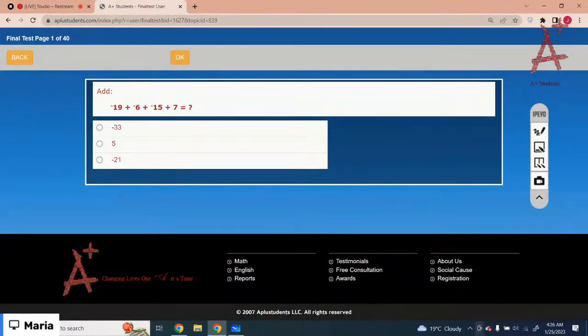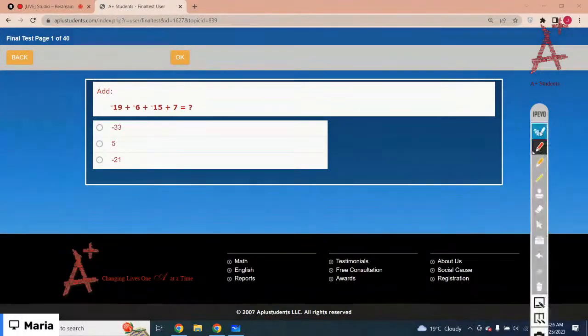Add negative 19 plus negative 6, negative 15 and plus 7. So they all have the same sign. So you have to add them, just 19, 6 and 15. It would be 9 and 6, 15 and 5, 20, 0, 2 carry 2, 3 and 4. It would be negative 40. Then you have to add 7. That means you have to subtract.